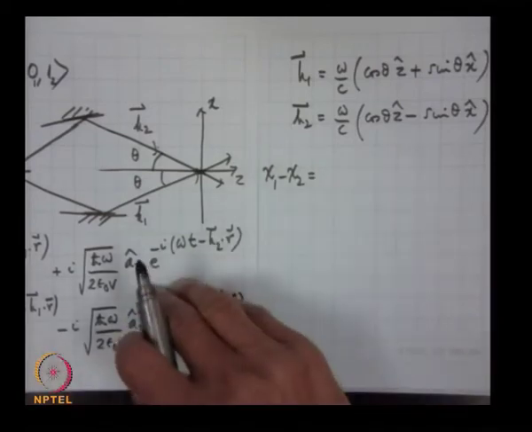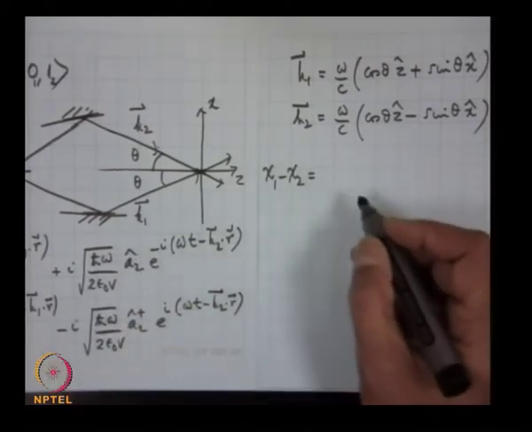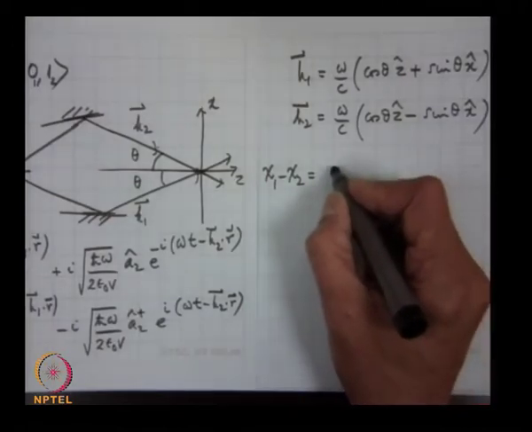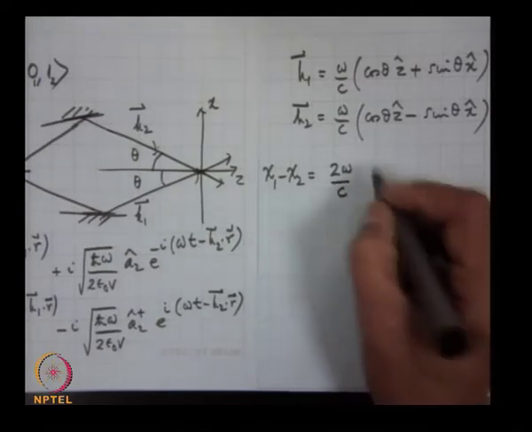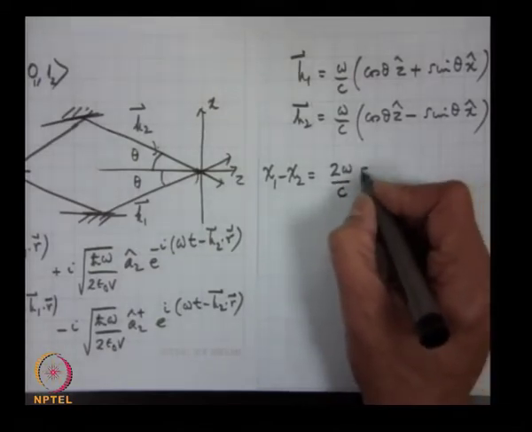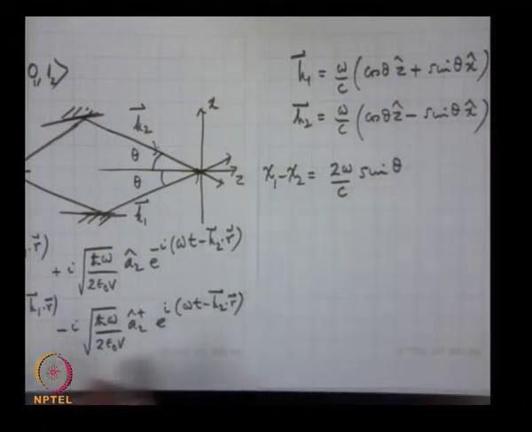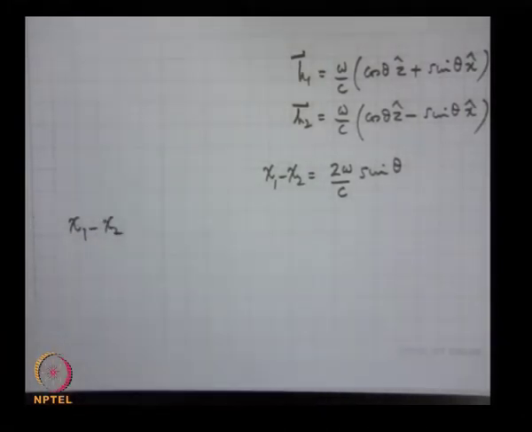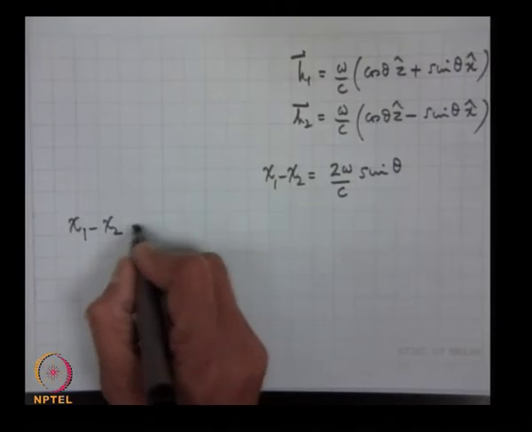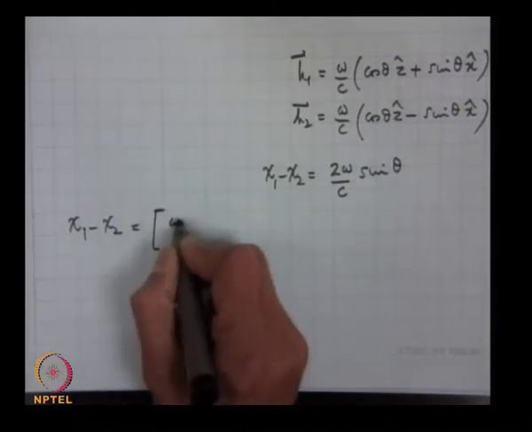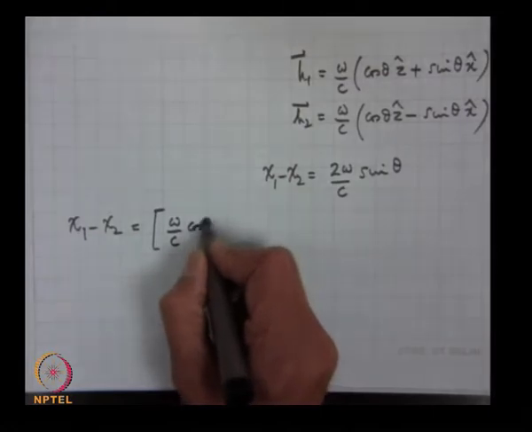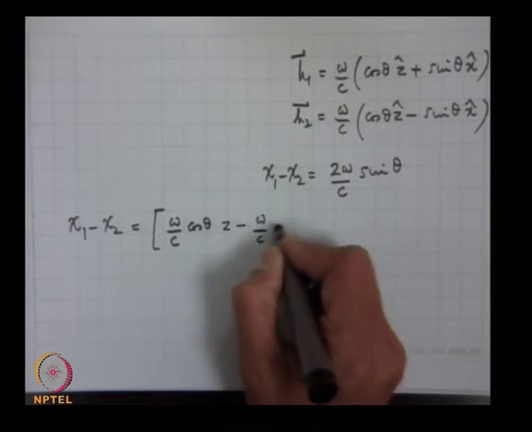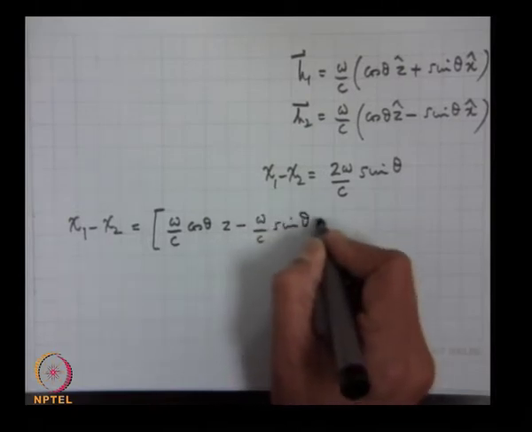So what do you get? K2 minus K1 dot R at z is equal to 0. Chi1 minus chi2 is equal to omega by c cos theta z minus omega by c sin theta x.